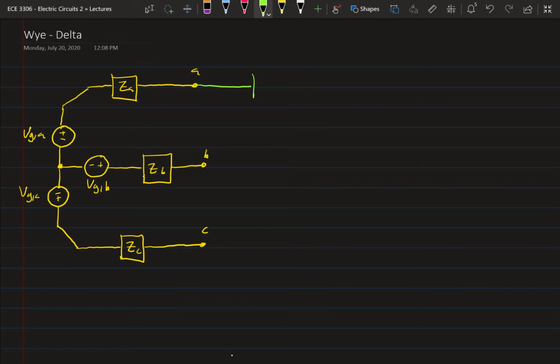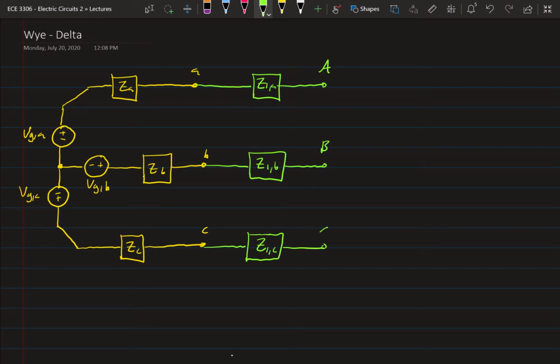Then a transmission line with an impedance ZLA, ZLB, and ZL, comma C. And then we'll connect that to a node, call that capital A, capital B, and capital C. Now here's where it diverges.